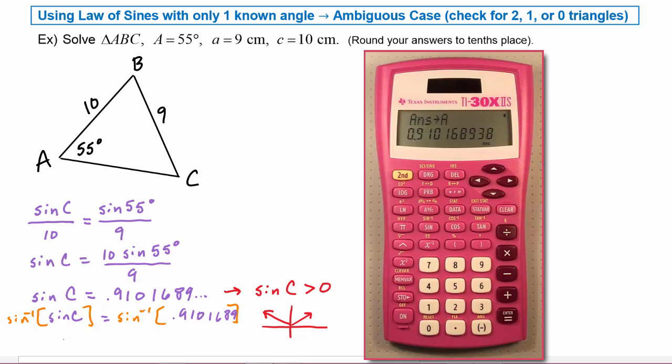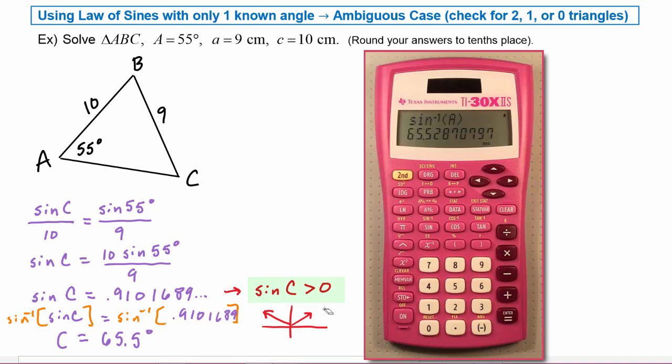On the left-hand side, we will get C, and on the right-hand side, we know we have to do second sine inverse memory variable A. Close your parenthesis, hit enter, and rounding to the 10th place, we see that we are going to get 65.5 degrees.